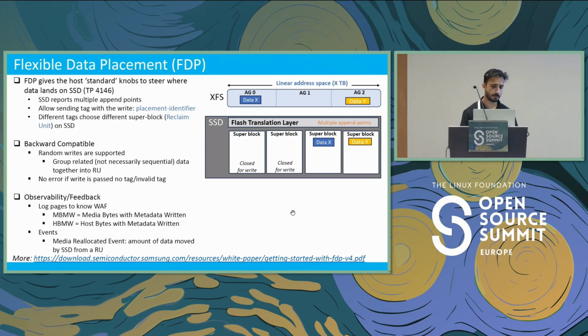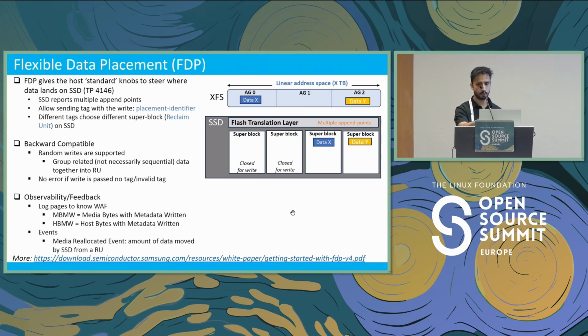And there is an event called media reallocated event. This tells how much data has been moved by the SSD from an RU. Imagine that you place the data in a particular RU; you don't expect that this data would be moved normally. But if it does move, because the SSD did garbage collection, it will tell you that.